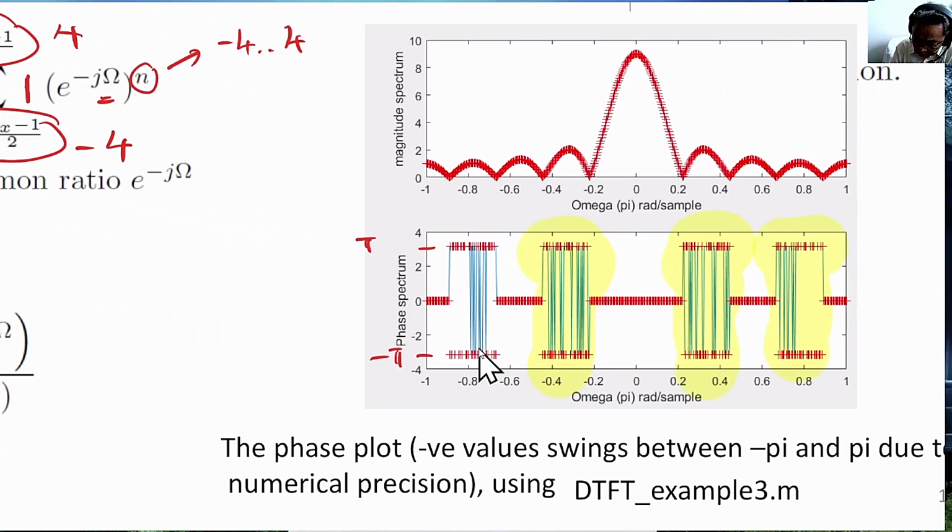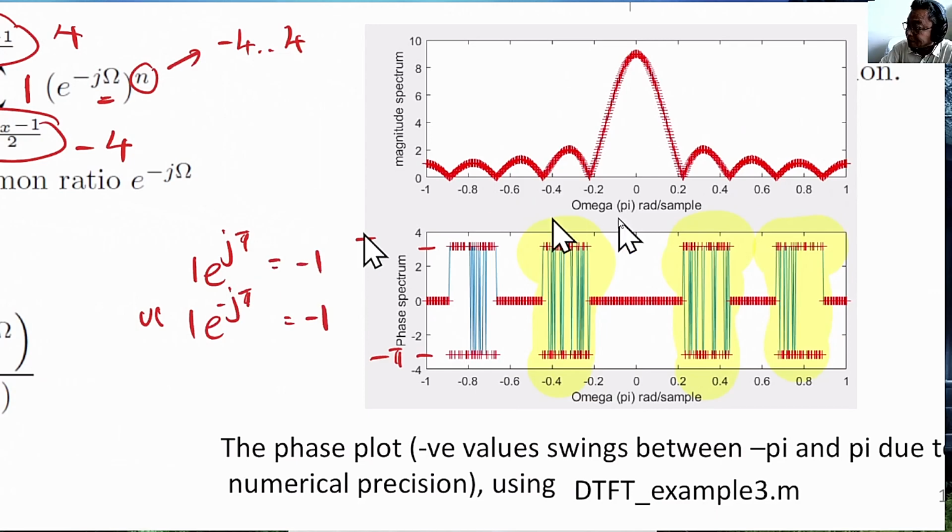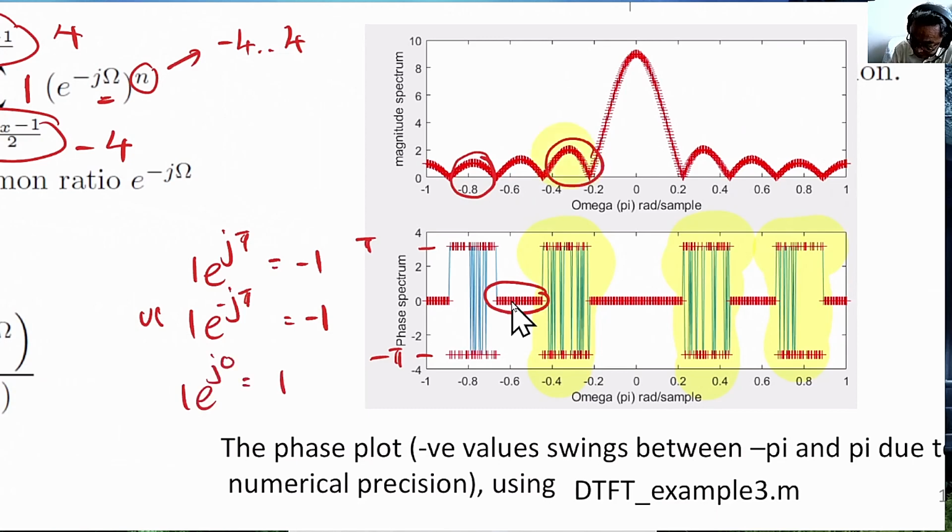That is because of 1e^(j pi) versus 1e^(-j pi), what is the result? The result is actually nothing but -1, and this is also -1. So basically what happened is that this value is a negative value, this is a positive value, because 1e^(j0) is 1, and this is a negative value again.